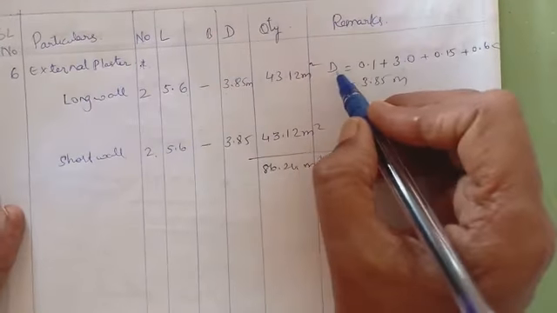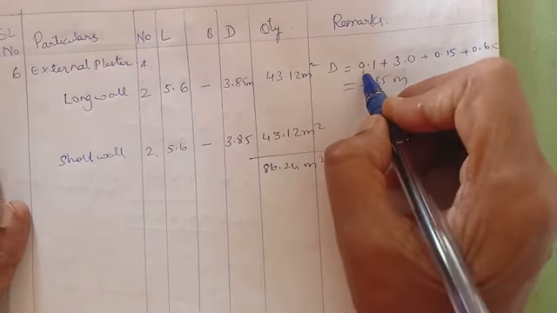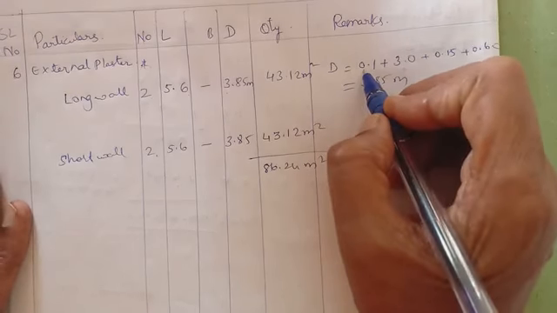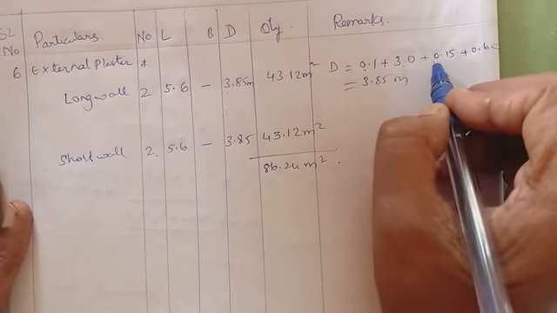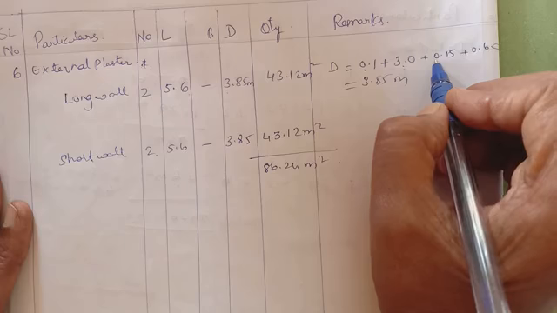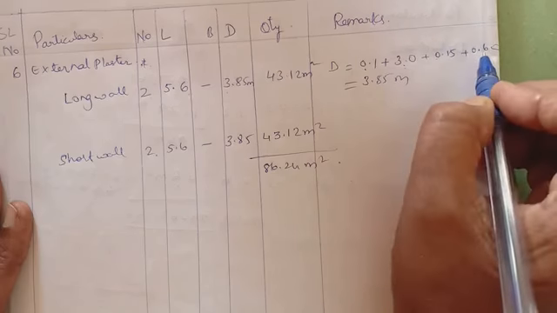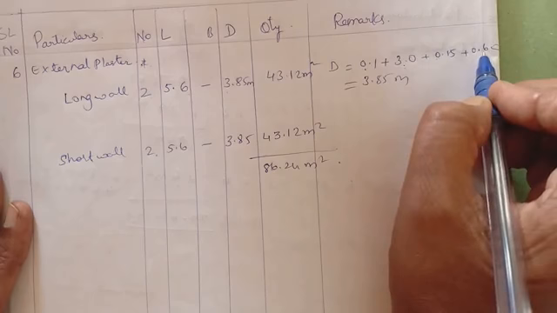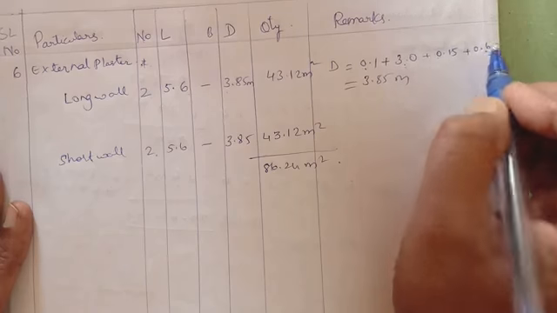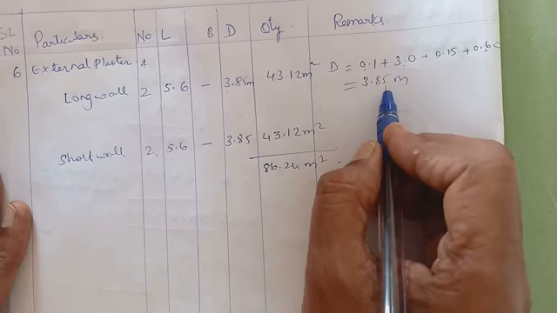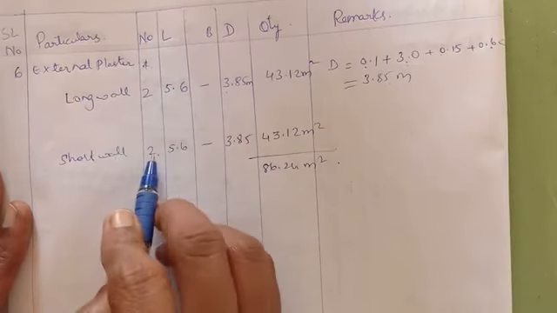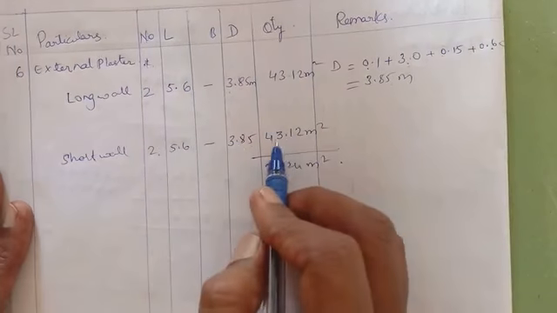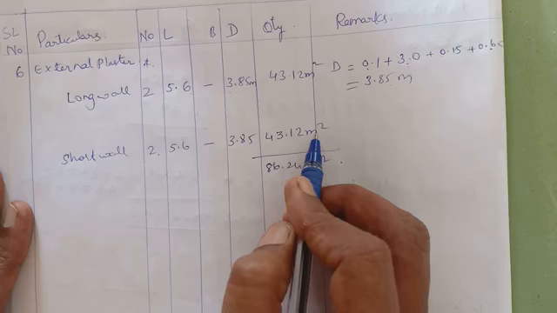So how to calculate the height? So below plinth 0.1 meter we will take for plastering. 3 meters is the ceiling height. 0.15 meters is for slab, and 0.60 is the parapet height externally. So 3.85 meters we are getting. So that is the height. Short wall also same thing. 2 into 5.6 into 3.85, that is 43.12 meter square.